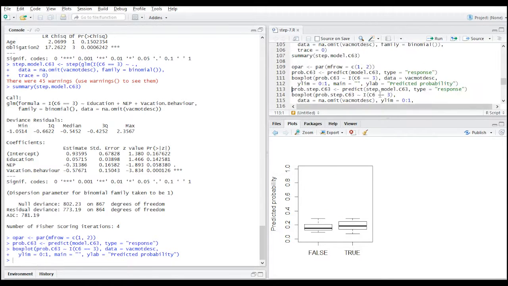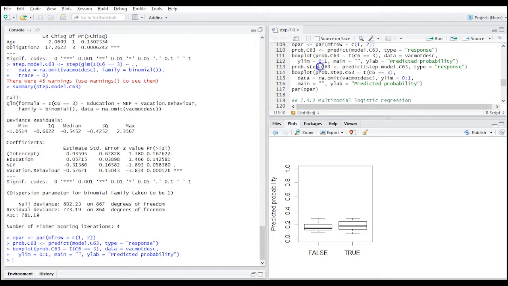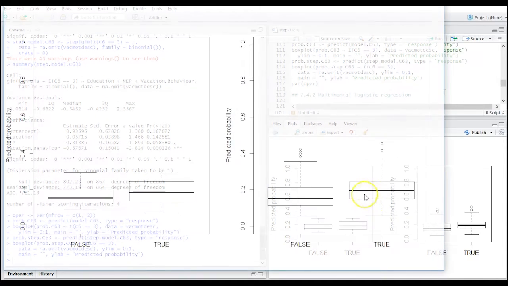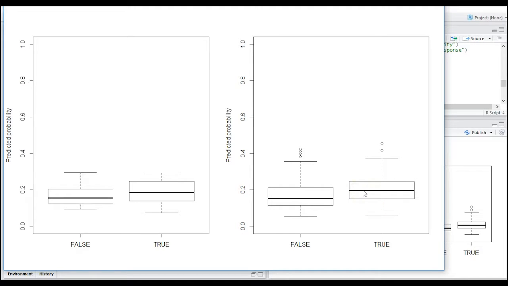And we can do this again for the model which we obtained using the stepwise procedure. We are able to identify that this model has a better predictive performance because the shift in the distributions is largest.